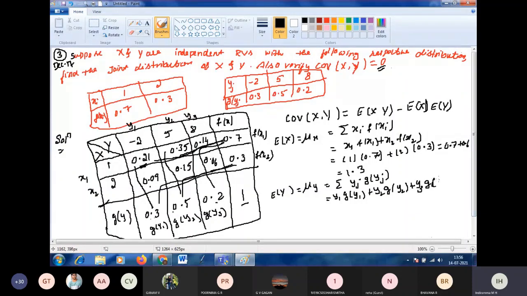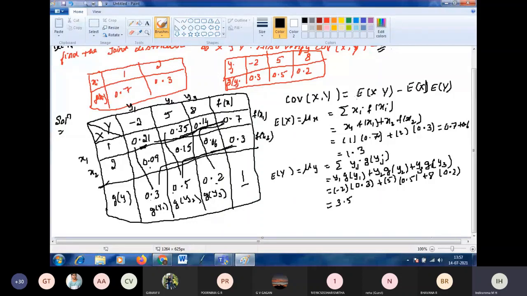Now substitute: y1 is minus 2, g of y1 is 0.3, plus y2 is 5, g of y2 is 0.5, plus y3 is 8, g of y3 is 0.2. Calculate. The answer is 3.5.